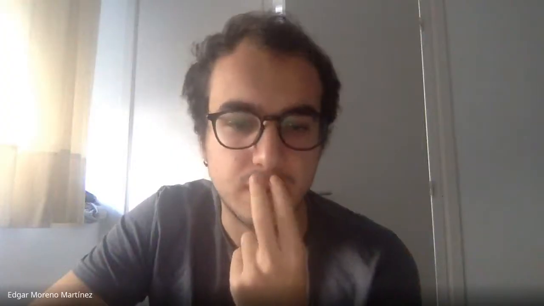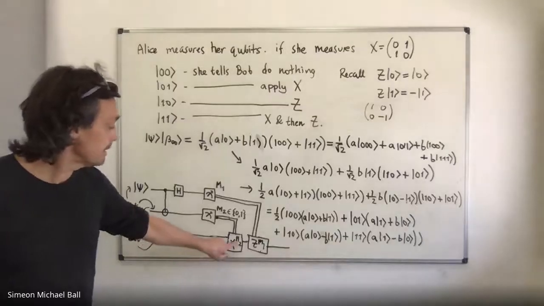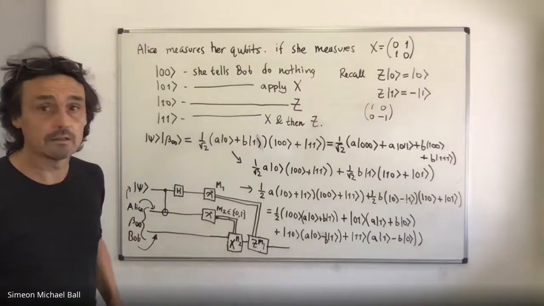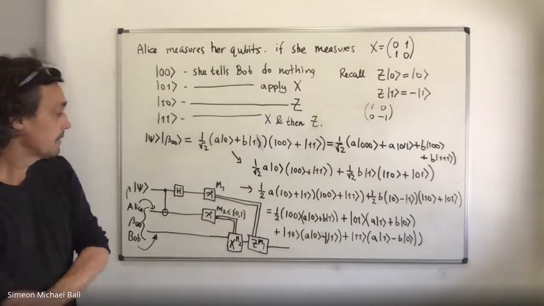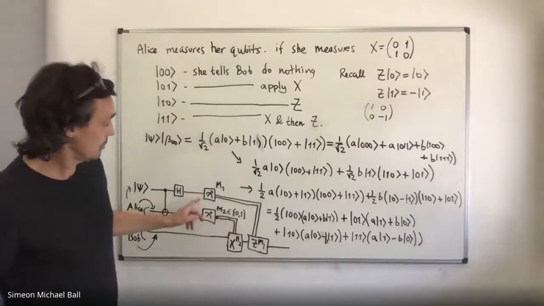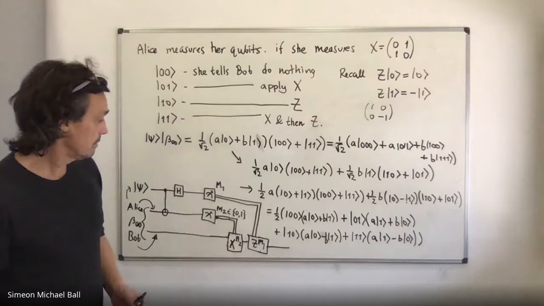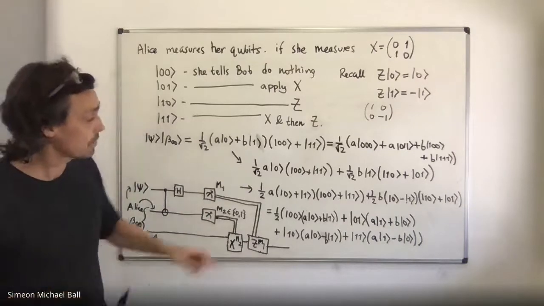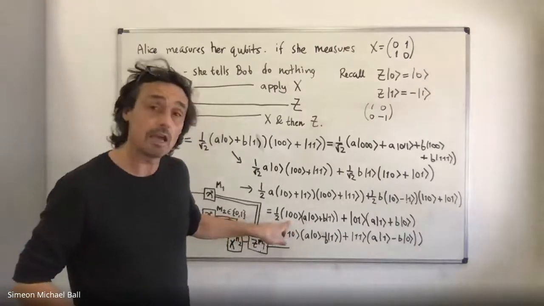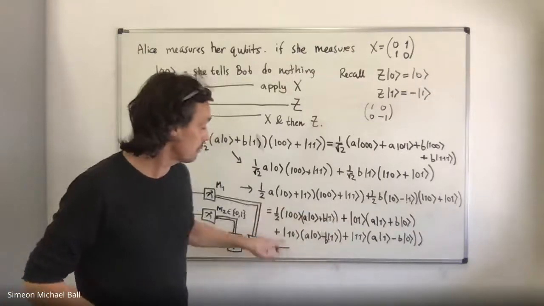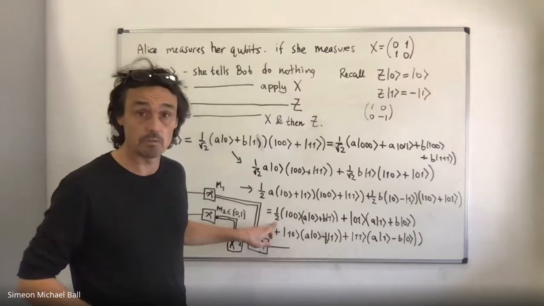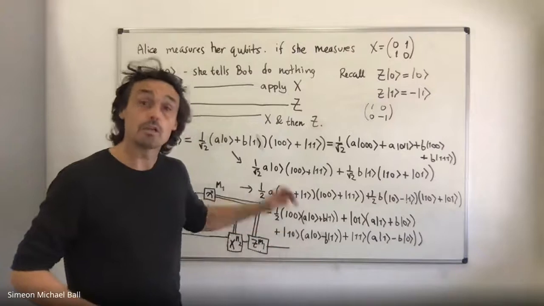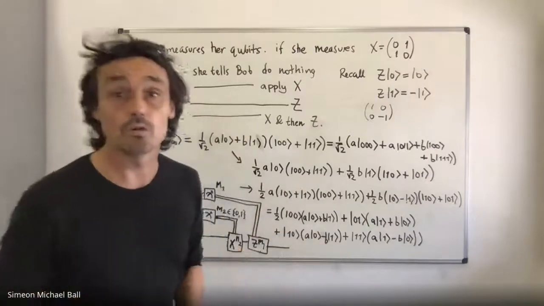Yeah, it'll be linear because it's a matrix. Okay? So whatever the result of this measurement, Alice will measure each of these possibilities with probability 1/4, half times 1/2. And whatever the result, she can then tell Bob what to do.